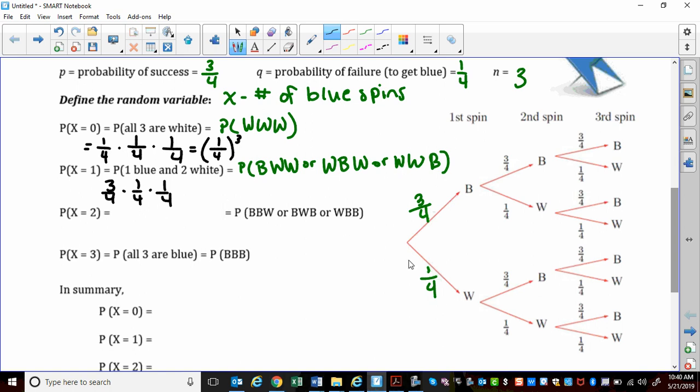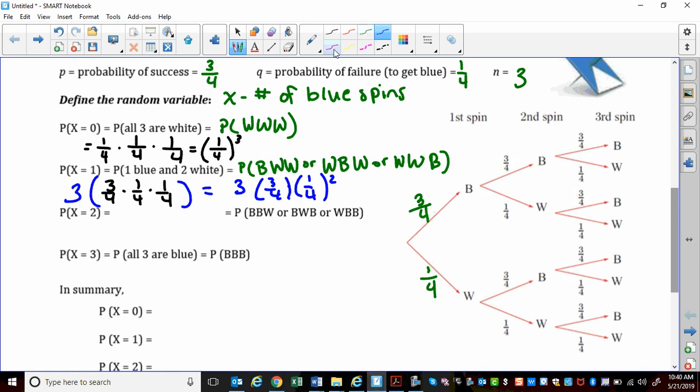And we could have gotten a white, then a white, and then a blue, but that is the same thing also. So what we can do is just multiply this by 3. I can condense this a little bit. This is 3 times 3 over 4 times 1 over 4 squared. Interesting. This is kind of like the binomial theorem.